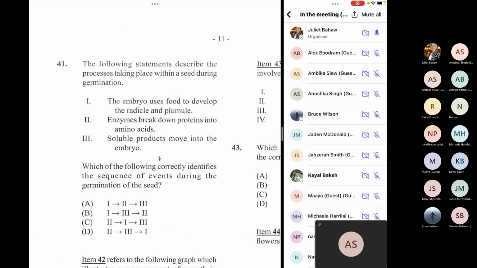Then you have enzymes break down protein into the amino acids. Soluble products move into the embryo. Embryo uses food to develop the radicle and the plumule. So the enzymes have to break down the food, the products have to move, and then cause the radicle and plumule. That food is used up now to develop the radicle and plumule. All right.